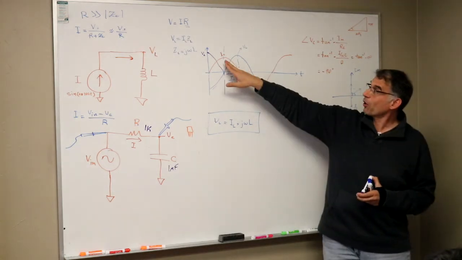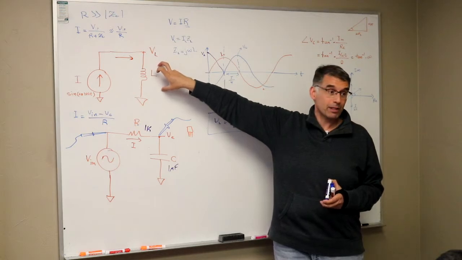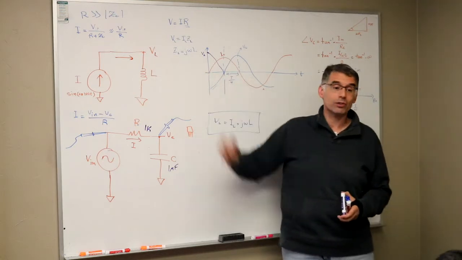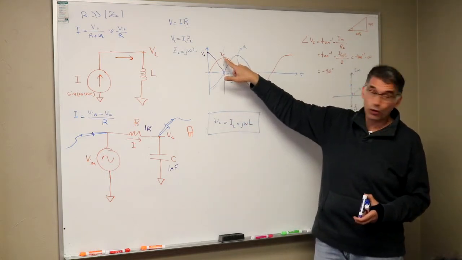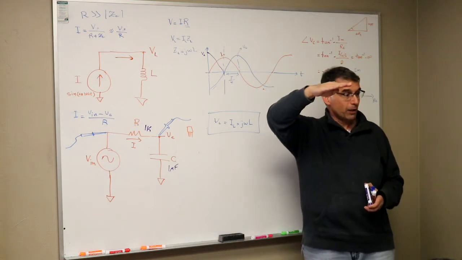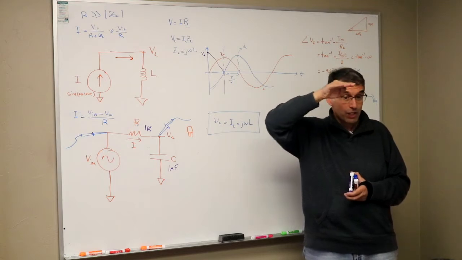So by the time the current is at its max, the magnetic flux is at its max, the voltage across the inductor is zero. And again, when you look at the max of this curve, it has flattened out, which means that it's not changing, right? If it's flat, the current is not changing as fast.